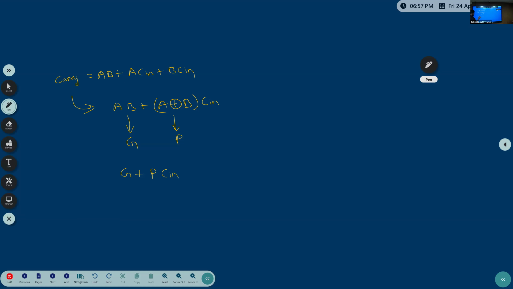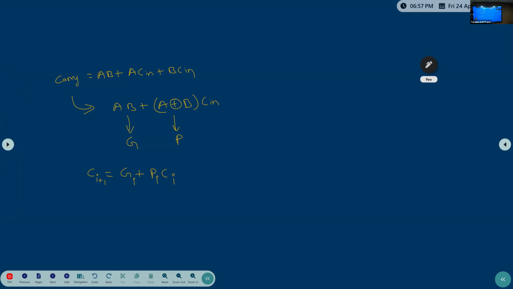This is for the carry, right? For the next stage of carry, carry i plus 1 equals Gi plus Pi into Ci.